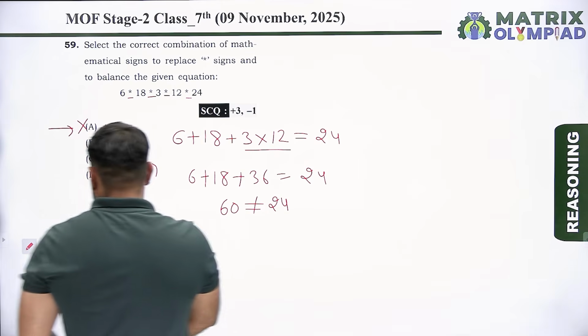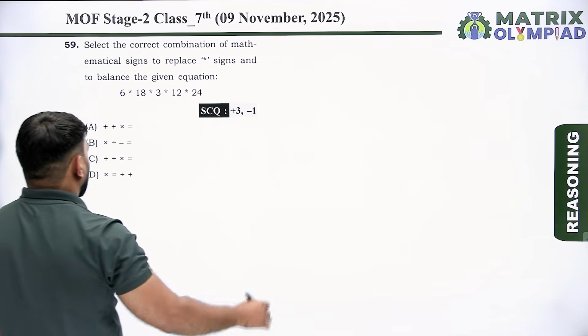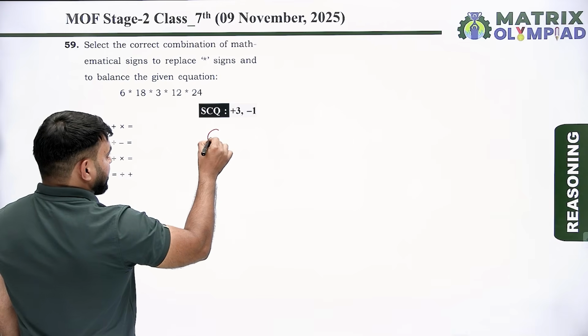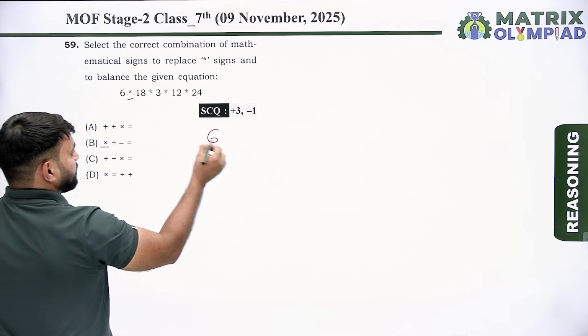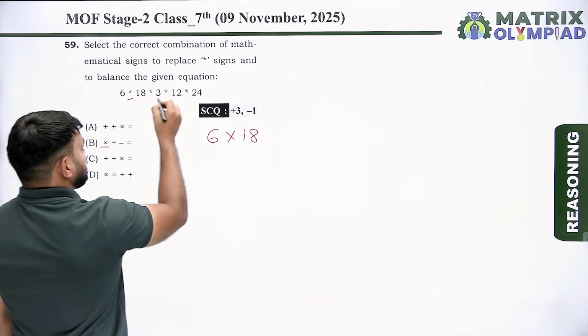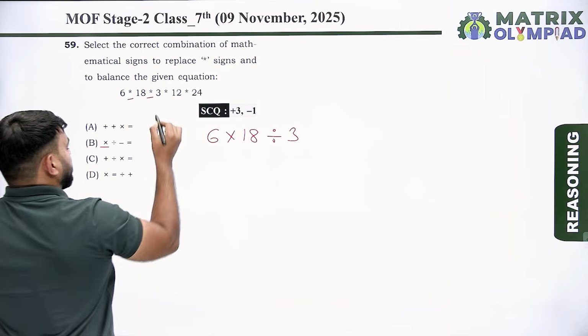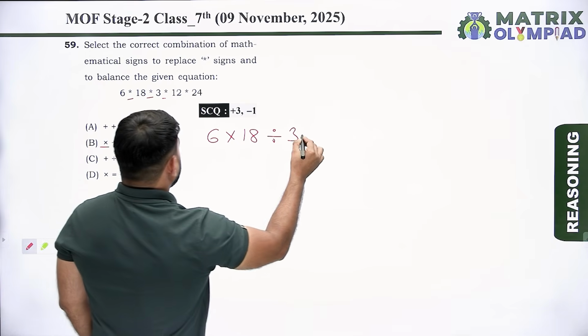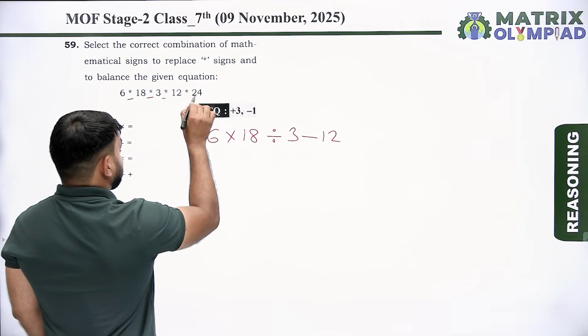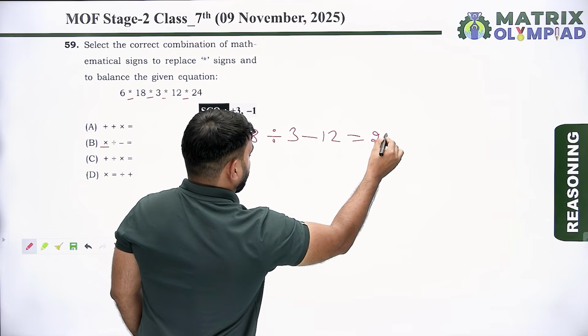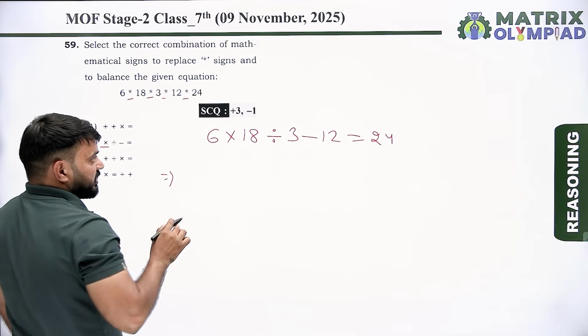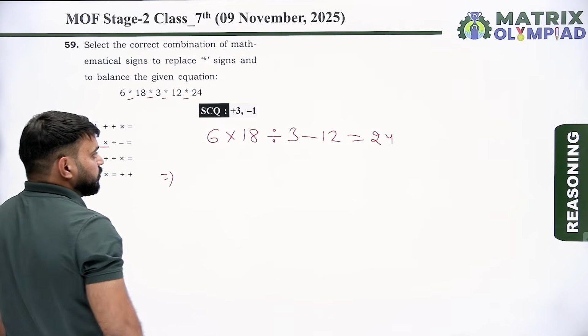Now taking option B, according to option B, 6 first asterisk means multiply by 18, second asterisk means divided by 3, third asterisk means minus 12, fourth asterisk means is equal to 24. So first divide the numbers according to the BODMAS rule.